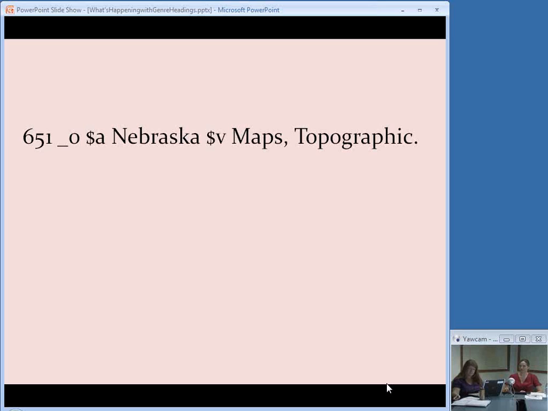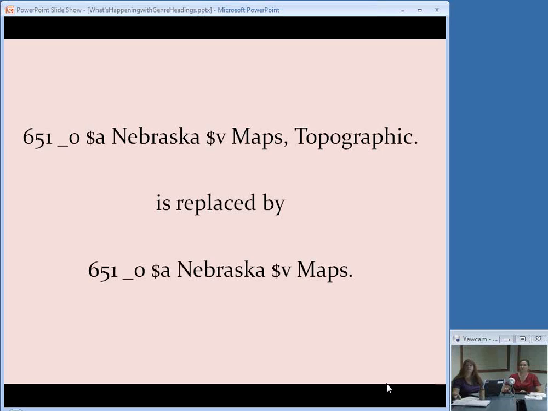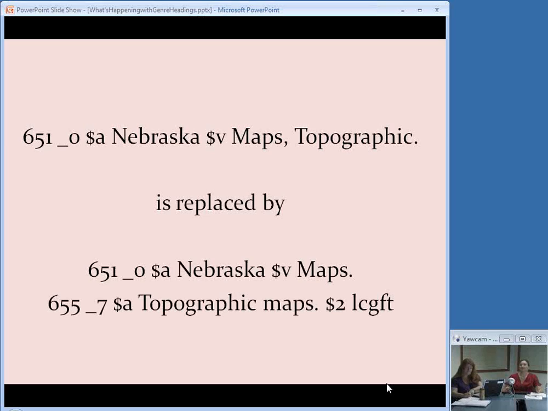Where you used to have a heading like this, now the proper way to do it is to just use the form subdivision of maps without specifying the type, and then use a separate genre heading with the type of map. So in this case, you'd still have your geographical heading with the form subdivision, but then you'd also have a genre heading in addition that gets a little bit more specific. So the maps are the one exception to the rule here.